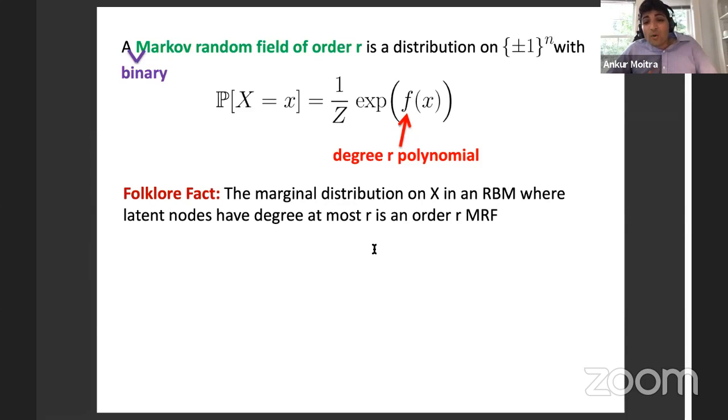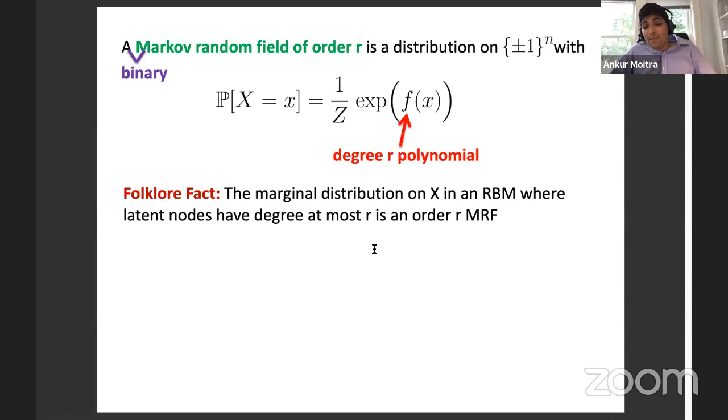And this is a folklore fact. I'll just assert it. I'm not even sure what the original source is for this fact, but basically everyone in the area knows it. The marginal distribution on X in a restricted Boltzmann machine, where the latent variables have degree at most R, well, you could create an order at most R interaction on the remaining neighbors when you marginalize out.